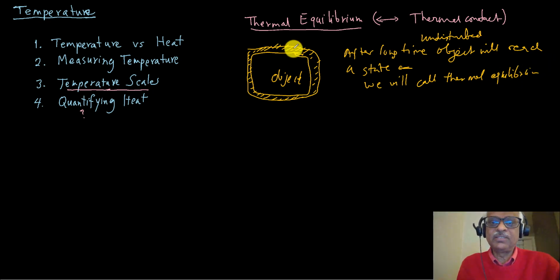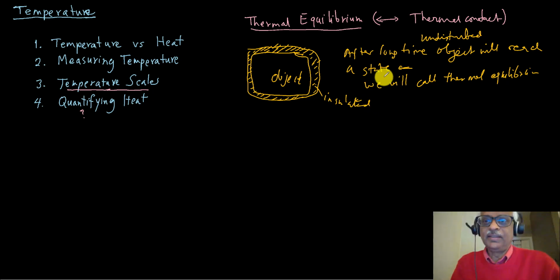Now, this begs the question of this thermal contact, this is insulated. In order for me to actually do this, it's like a chicken and egg thing. You have to be able to say it doesn't exchange energy with the outside environment.